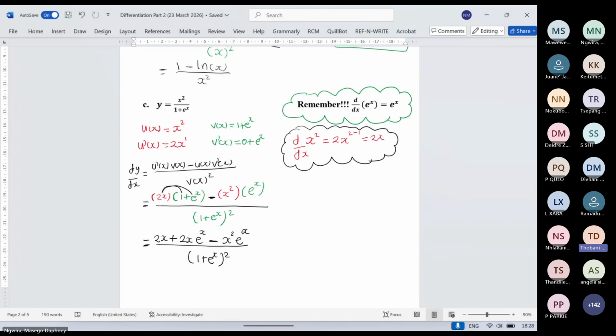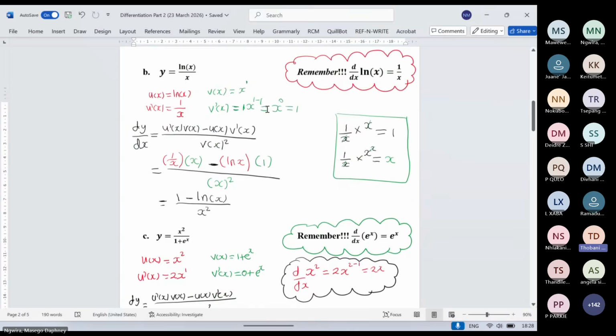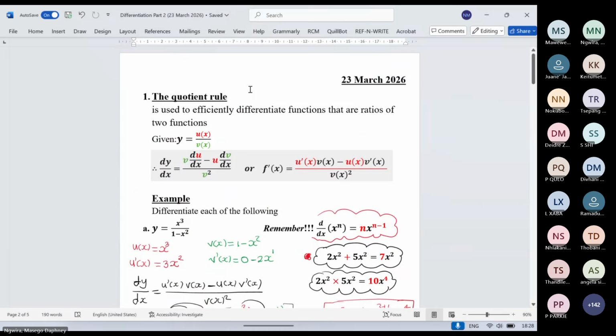To be clarified with this one, it is dy over dx. The time you are doing the derivative, what is that formula? Can you just say it again? This formula, y, the derivative one. This one is the quotient rule. The quotient rule is used to efficiently differentiate functions that are ratios of two functions, meaning that they are fractions.